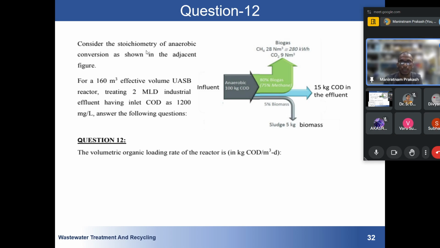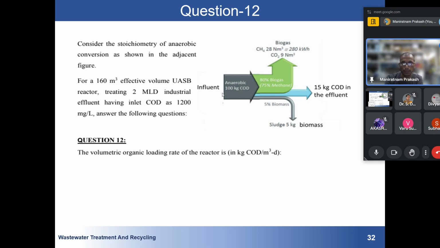Consider a stoichiometric anaerobic conversion as shown in the adjacent figure. Suppose we have one USB treating 2 MLD industrial effluent. The volume of the USB is 160 meter cube. The waste coming is 2 MLD, that is 2 million liter per day, and the COD is 1200 milligram per liter.